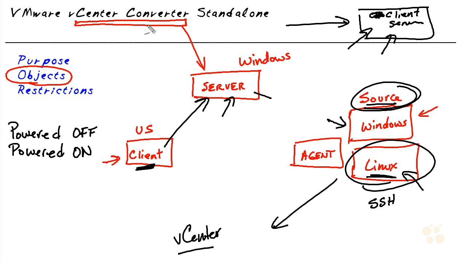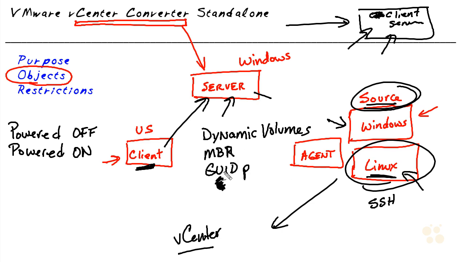It's also pretty flexible regarding the type of disks that could be on the source. So on the source, if we had dynamic volumes, those are supported, or disks that use MBR, which is an acronym for Master Boot Record. Or if we had disks that used a GUID partition table, and for short that would be GPT. But there are some restrictions, so the best thing to do would be to get the PDF or the online documentation regarding the latest and greatest version of vCenter Converter Standalone that you're currently using, and then compare what you'd like to do with the existing restrictions.